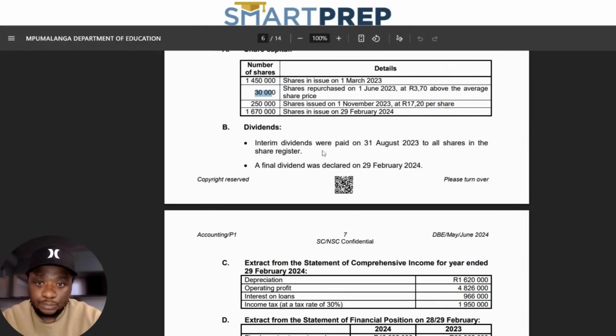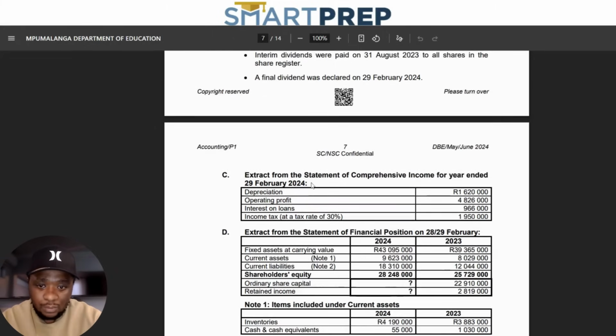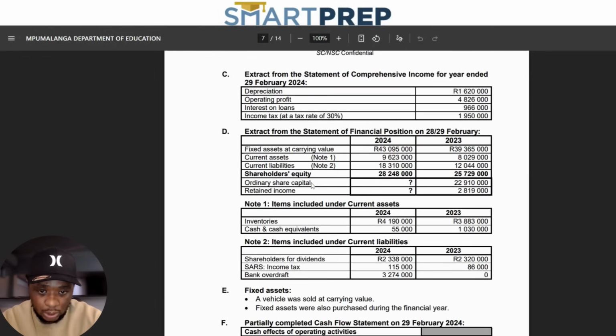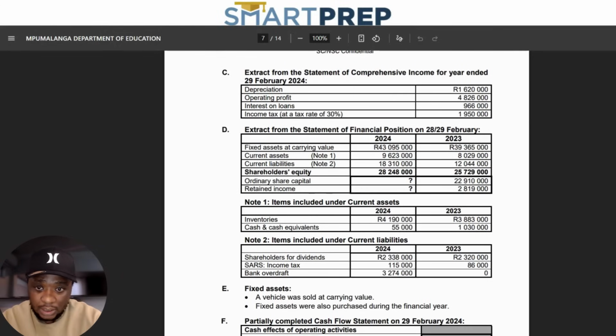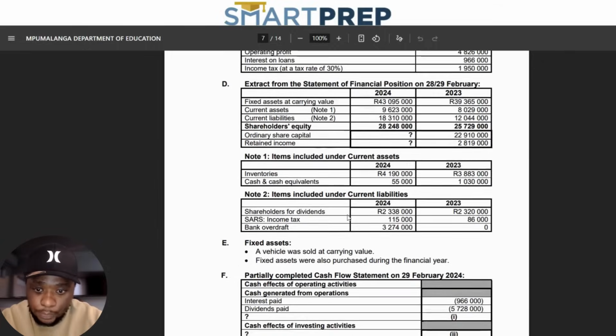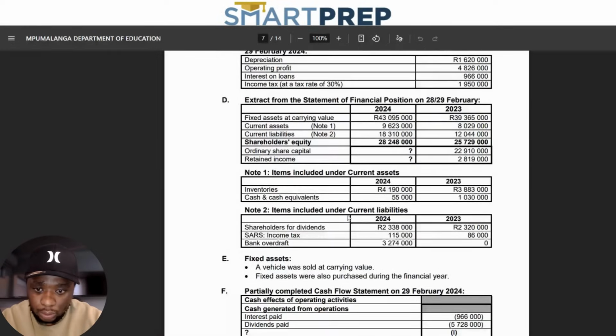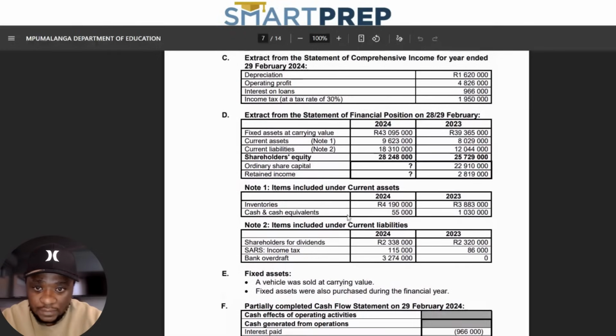No information in terms of how much per share, but let's see where we can find this information. Okay, not very clear.